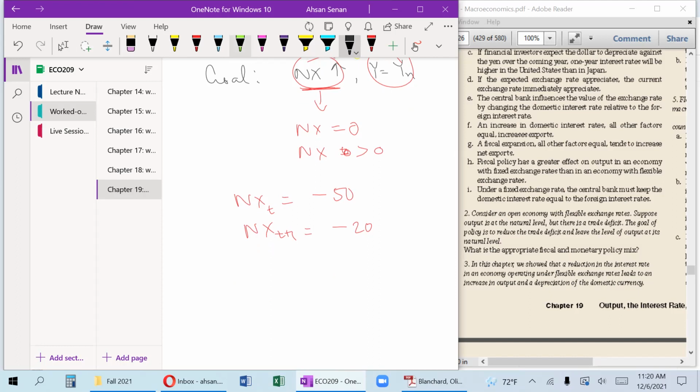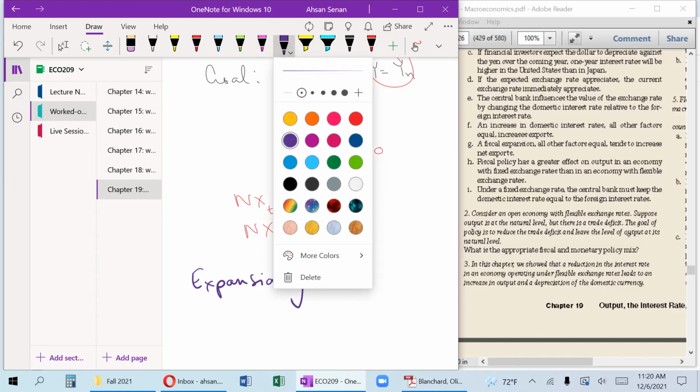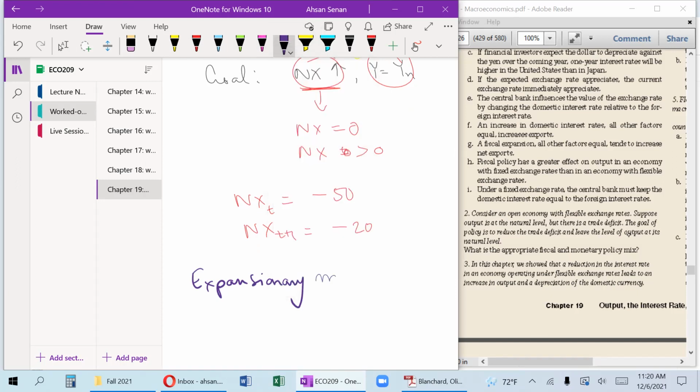So what I would recommend in this situation is to undertake an expansionary monetary policy.